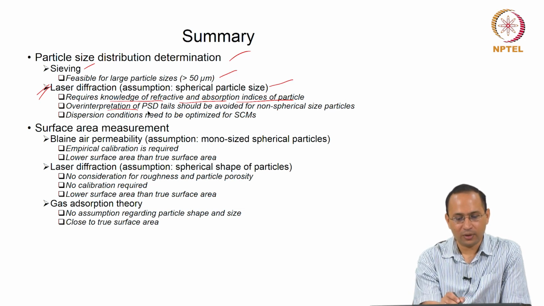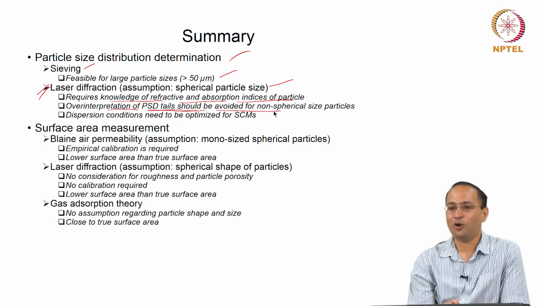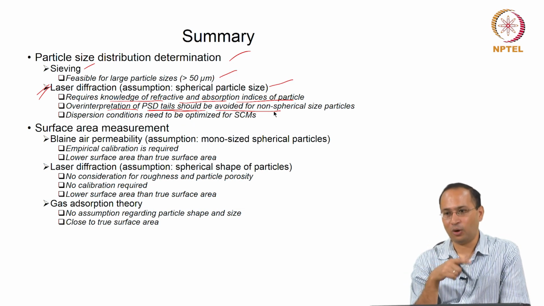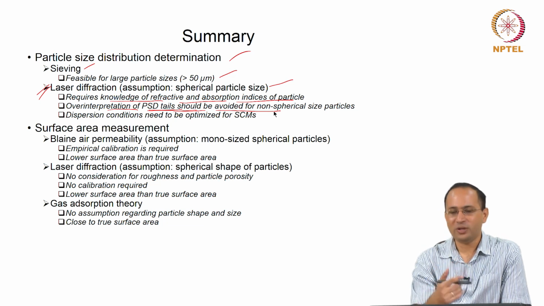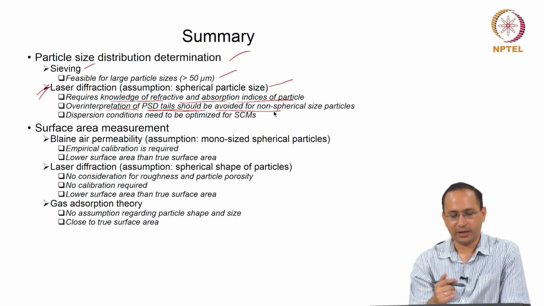Also you need to avoid over-interpretation of PSD tails for non-spherical particles, okay. Like we saw, because if you have non-spherical particles, it tends to broaden the distribution. So, too much over-interpretation is not recommended.